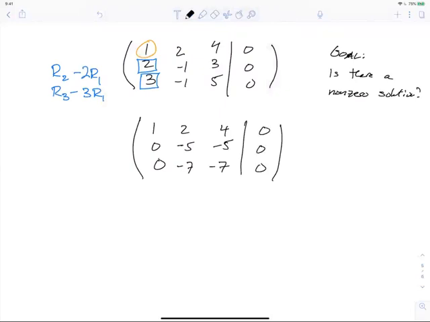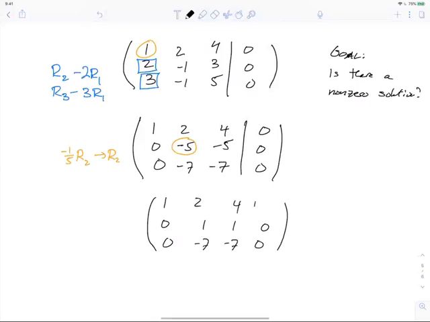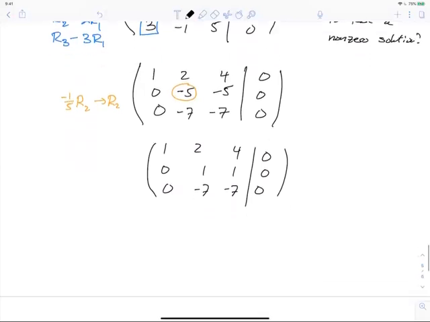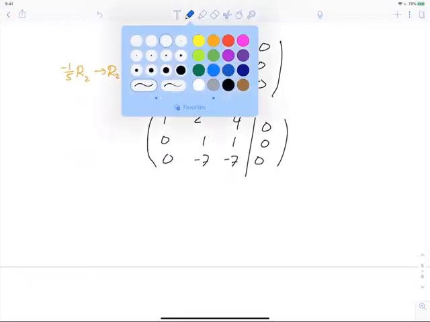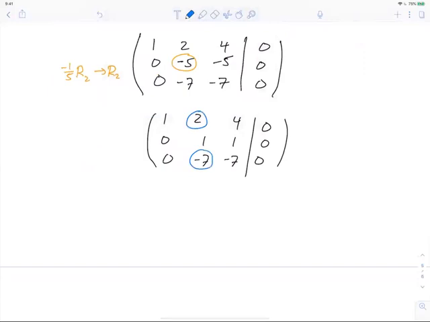All right, so now we're going to move on to this one. Divide that one by minus 5. And now we're just solving the solution. We need to get rid of those to make this an echelon form.